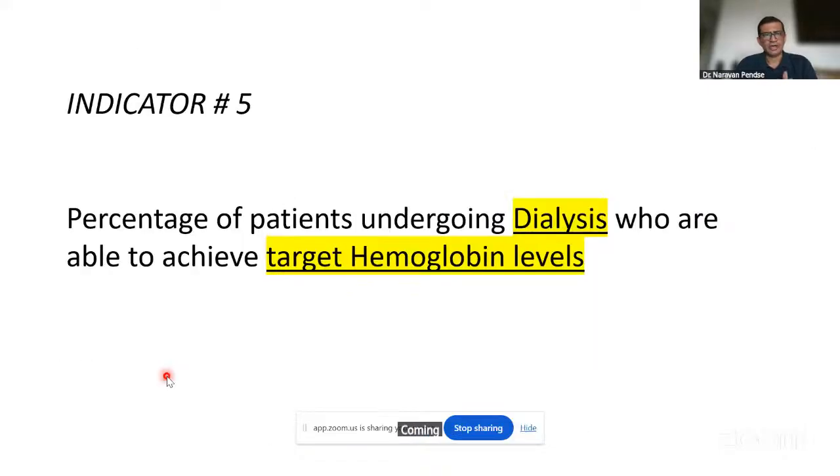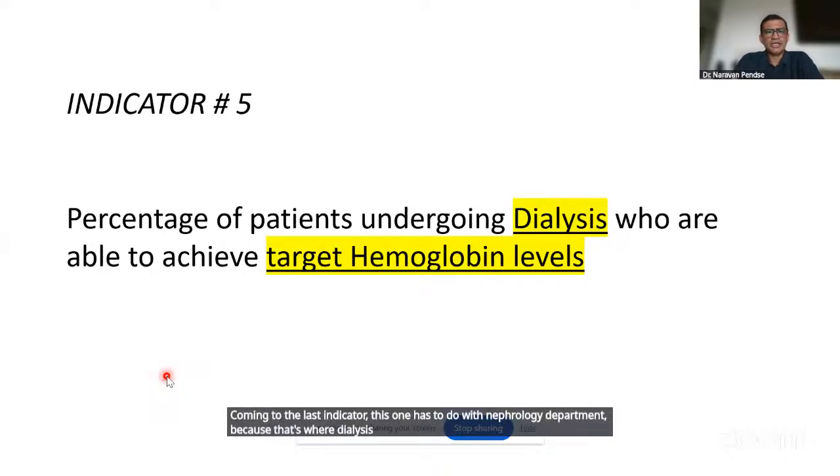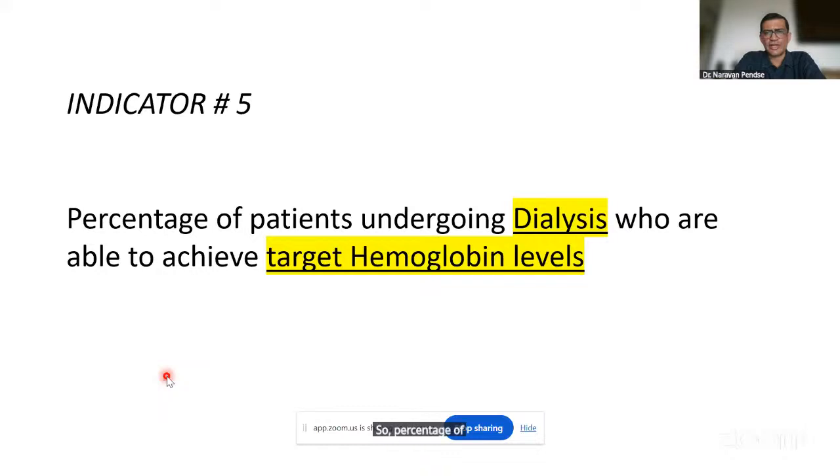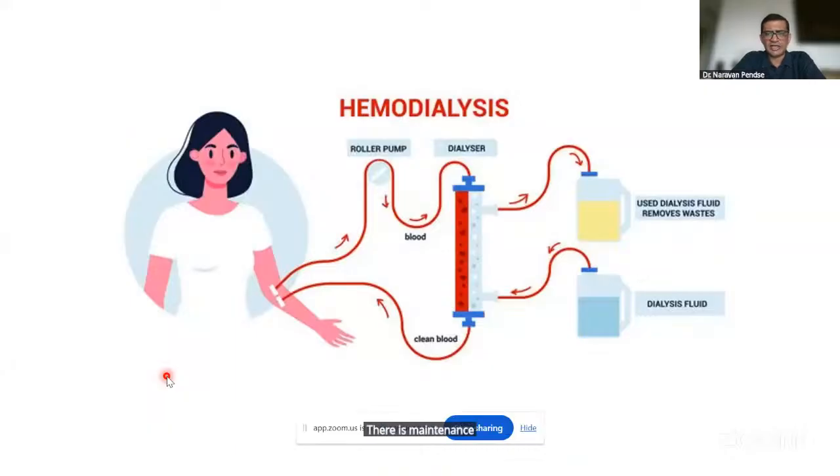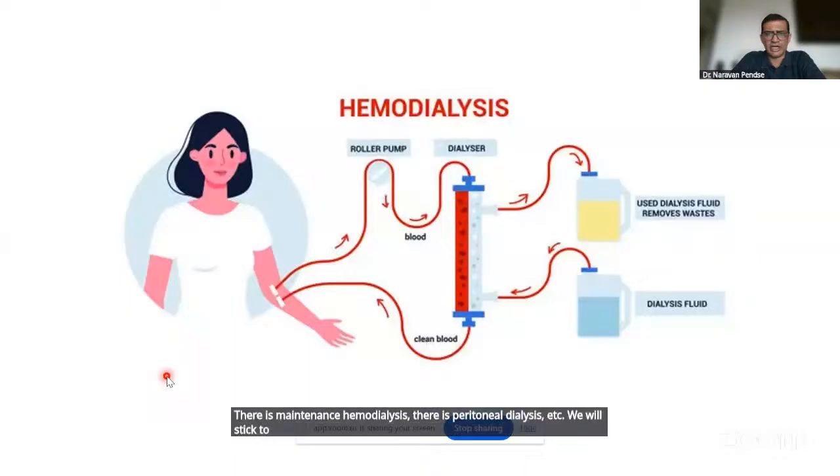Coming to the last indicator, this one has to do with the nephrology department, because that's where dialysis patients are. So, percentage of patients undergoing dialysis who are able to achieve target hemoglobin levels. So let's understand what this is all about. I'm sure all of you know hemodialysis, the procedure. There are various types. There is maintenance hemodialysis, there is peritoneal dialysis, etc. We will stick to hemodialysis.